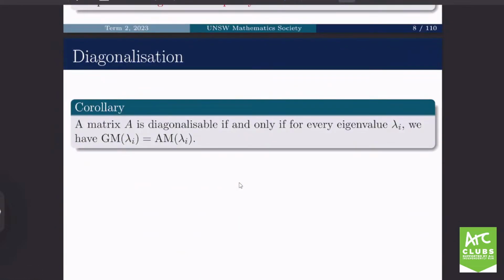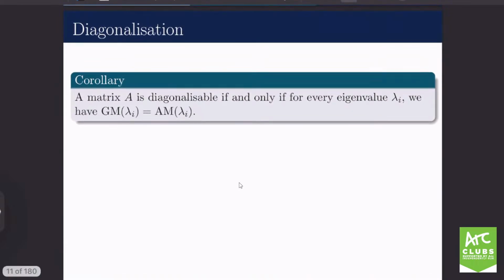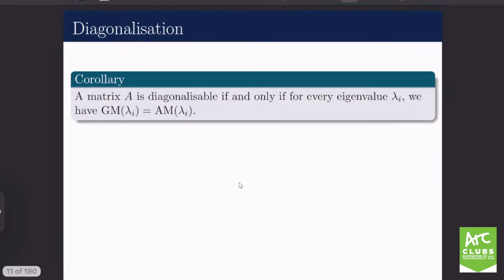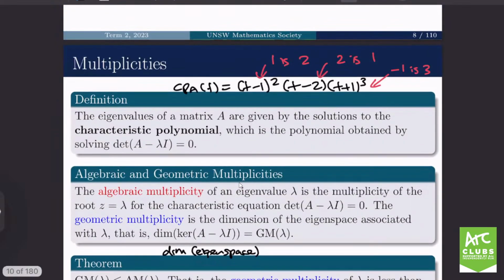All right. So we have a result here that says a matrix A is diagonalizable if and only if for every eigenvalue lambda i, the geometric multiplicity equals the algebraic multiplicity. This is telling us that, given that its multiplicity in the characteristic polynomial is 2, the actual eigenspace has dimension 2, so it has two linearly independent eigenvectors.